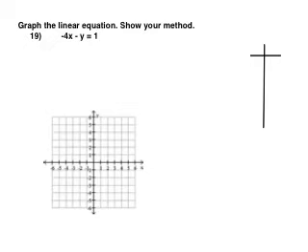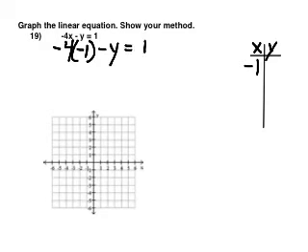Okay, so our table is right here. This will be our x, this is our y. We'll stick in values. Let's say we put in a negative 1 for x to start off with. Then we have to solve each one of these. This is why this is usually the harder method. 4 times a negative 1 minus y equals 1. So this becomes 4 minus y equals 1.